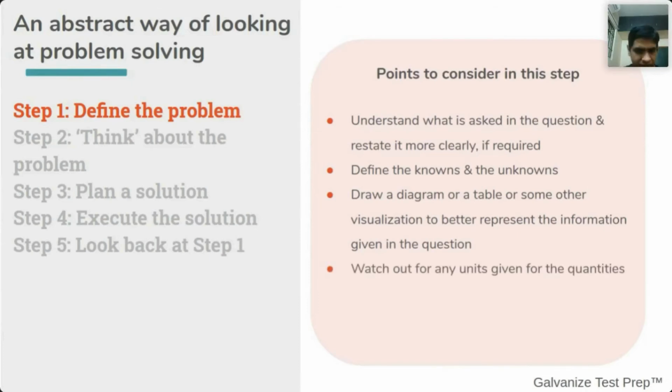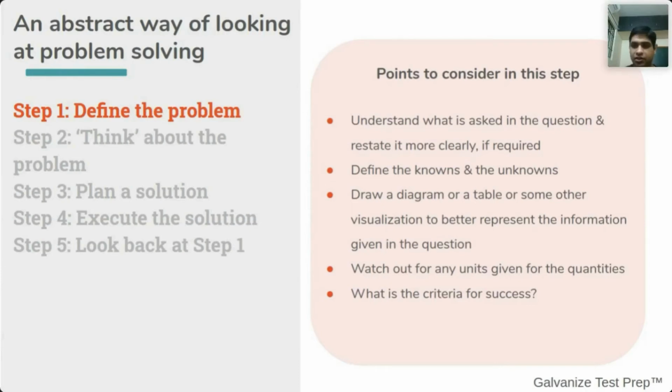And another thing is to watch out for any units given in the question. And finally, make sure that you define what is the criteria for success. As in, you need to know, okay, if I get this, then I have solved the problem, or this is what is asked in the question. So make sure that you call that out and say, this is what I'm looking for.